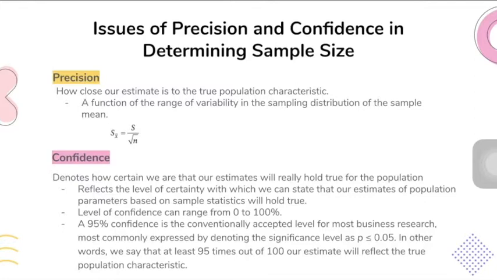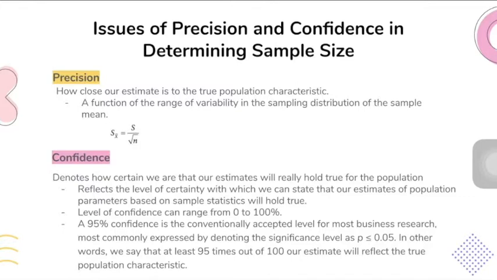Note that the standard error varies inversely with the square root of the sample size. Hence, if we want to reduce the standard error given a particular standard deviation in the sample, we need to increase the sample size.